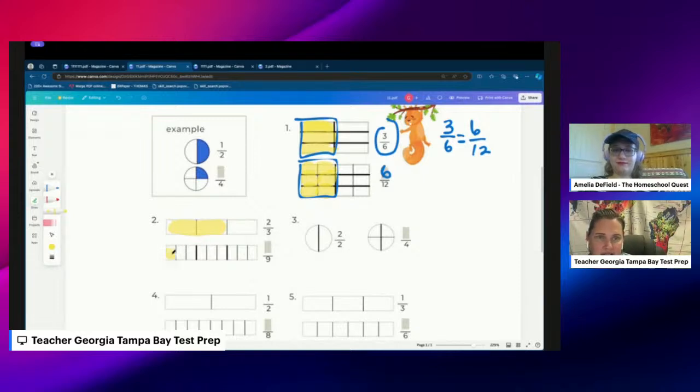So I'm going to color this in, and keep one eye on chat and one eye on my screen to see if anyone can tell me what my numerator will be for my equivalent fraction. I know 2/3 is my fraction. How many equal parts are colored in my equivalent fraction? How many out of 9?